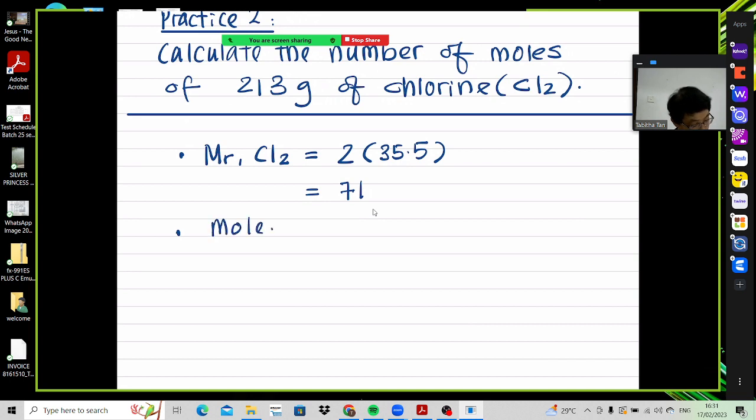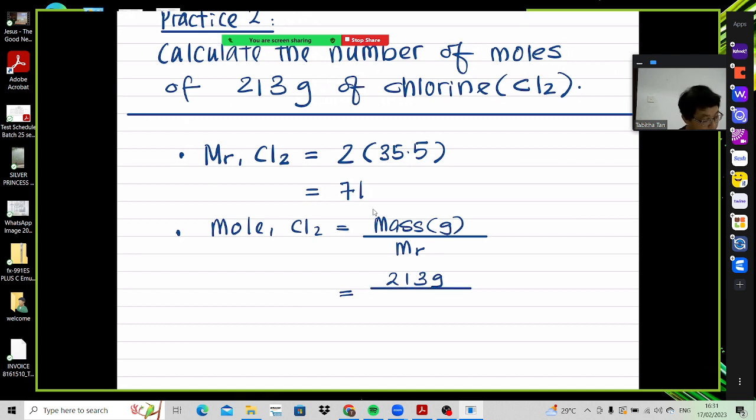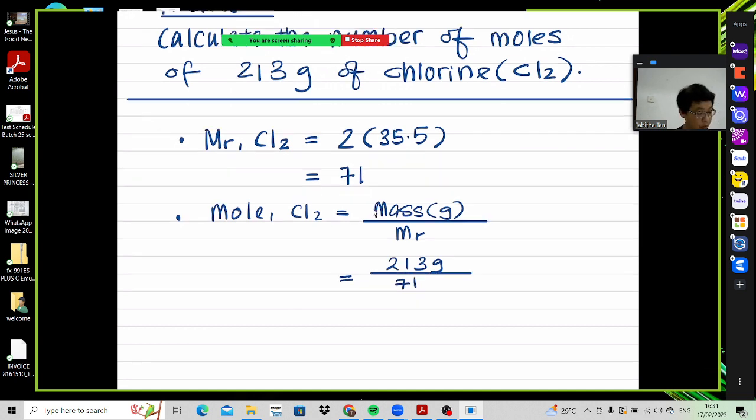Let's move to the mole formula. Again, practice: mass in gram divided by Mr. Now substitute: 213 gram divided by 71.